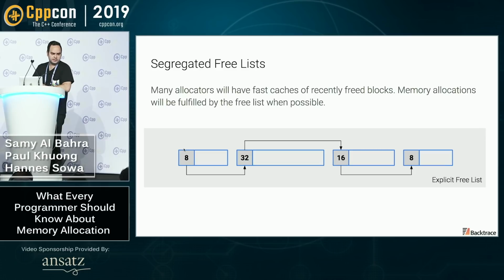The challenge there, though, is determining which free block to use, and there are many strategies for this. Generally speaking, one of the best strategies is to have something that's best fit and address ordered. What that means is, for example, let's say I had an incoming allocation for 16 bytes of memory. We walk through this list, in linear time.